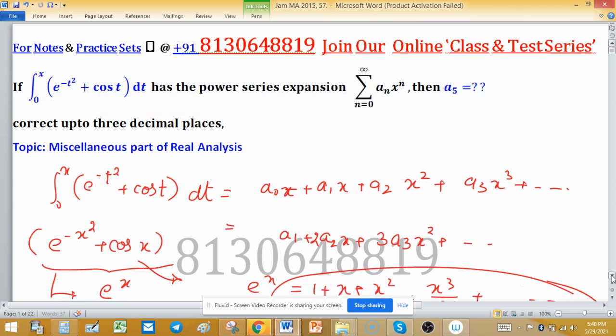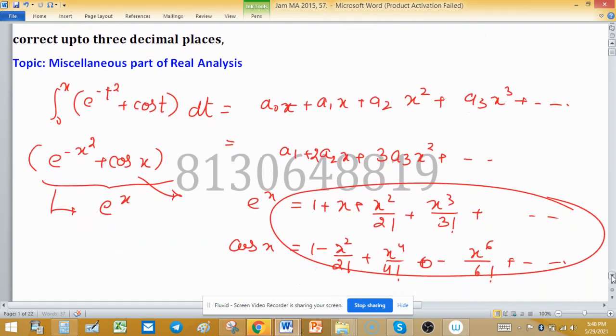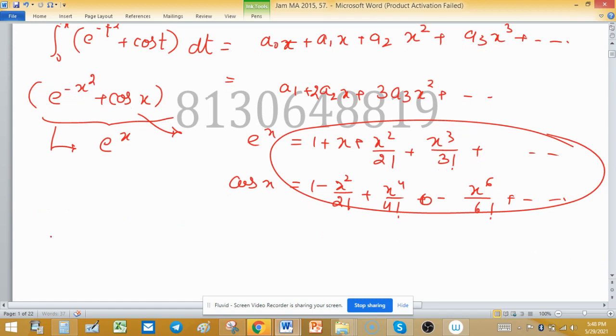So what is this integral actually? It is the integral from 0 to x of e raised to the power minus t square plus cos t dt.